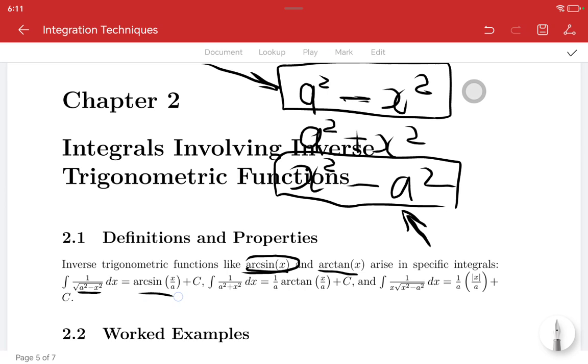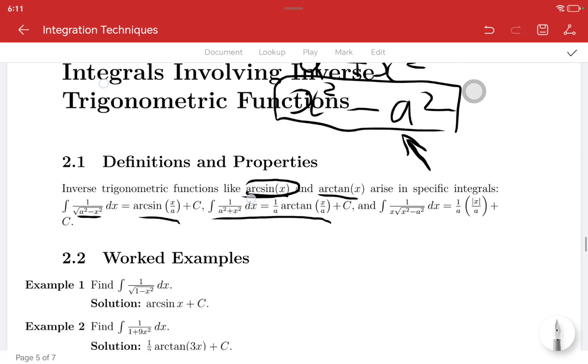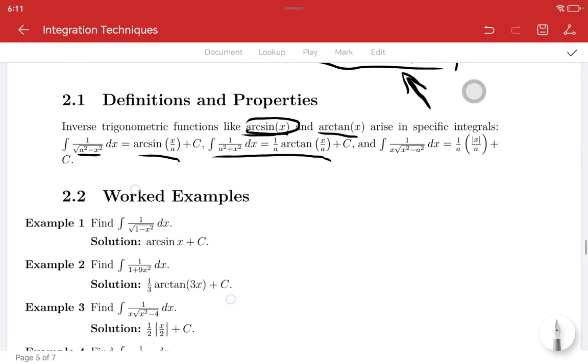Let me see. Yeah, I think these ones are fine, but let me try to send these other ones in the group so you can see them. Or let me just try to write them here. I have these.